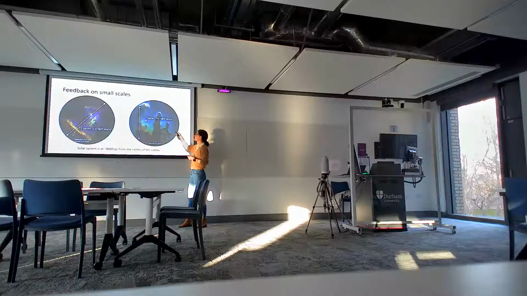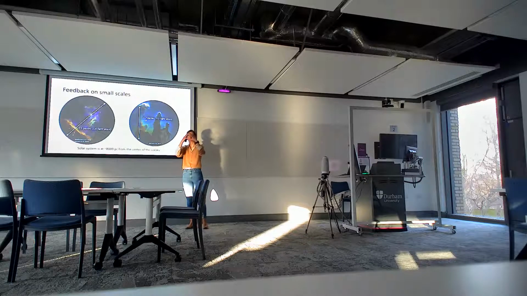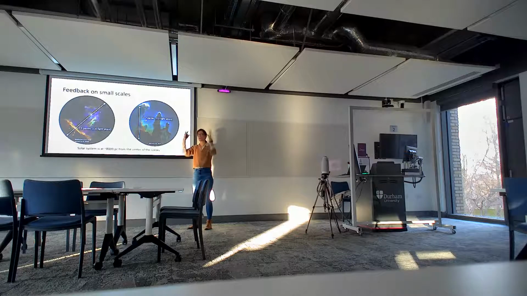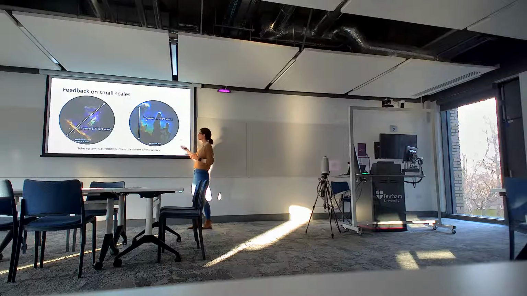And what is happening here is that, say you have a dense pocket of gas within a larger envelope of gas, and you start eroding the gas from the top. So all the fluffy stuff around the dense pocket is going to be pushed back, but the dense pocket is going to somewhat form like a little shield around which the feedback streams, and that's why we have these pillar-like structures.